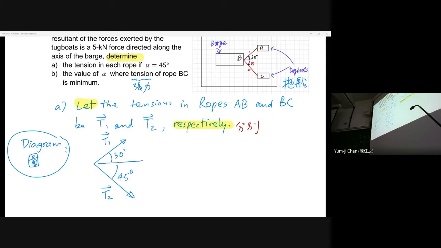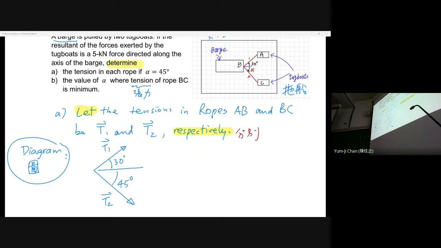What we know is the resultant, which is T1 plus T2, is 5 kilonewton, and it is along the axis.